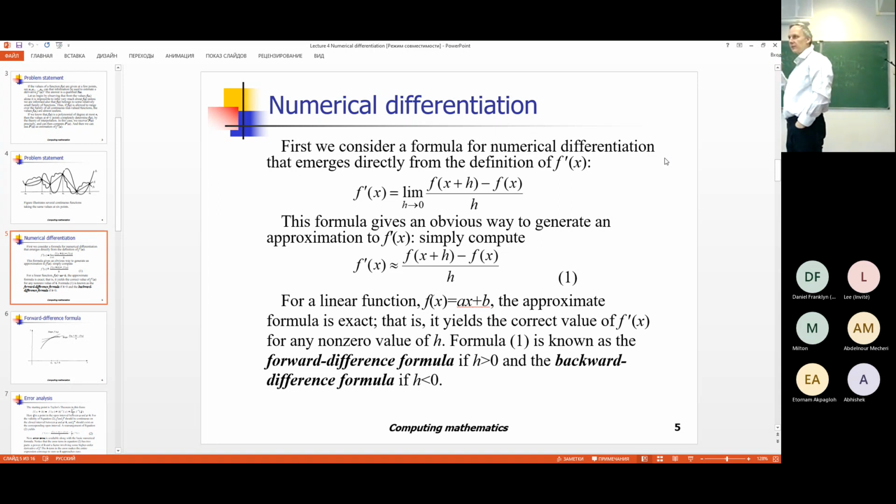This is an approximation to the real derivative. We remember that the real value is 3, but our formula gives us 3.31. What is the error?